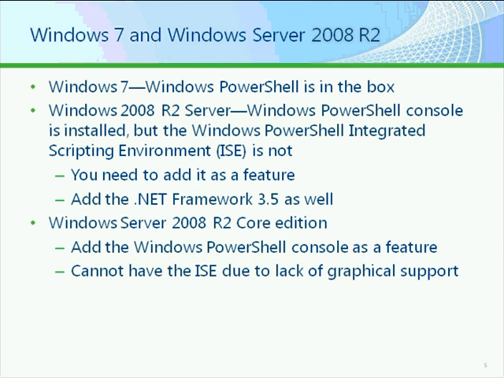And if you have some particular reason for not wanting to have that on your machine, then of course you wouldn't want to install the ISE because of that requirement. In that case, I guess you could use Notepad to write scripts and save them as a PS1. In fact, Notepad was the editor that Microsoft had for VB scripts. If you've done VB script before using Notepad, then you'll be familiar with that tool.